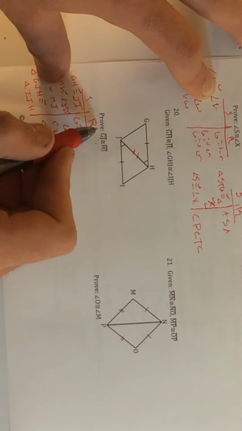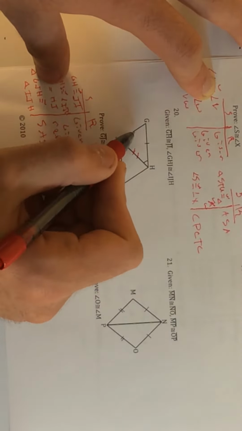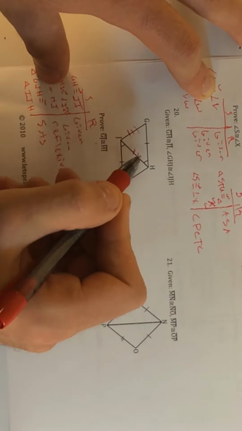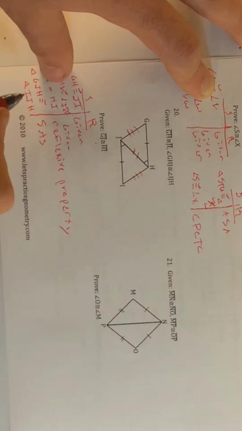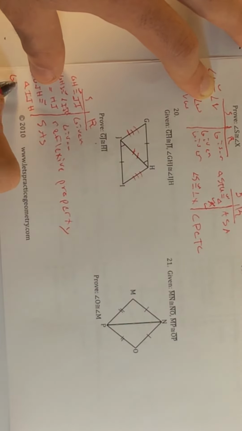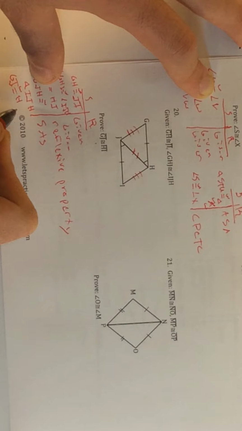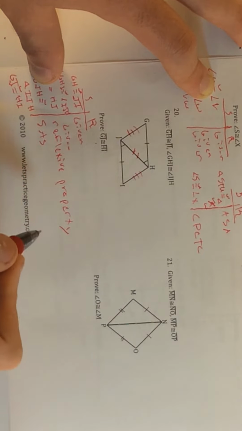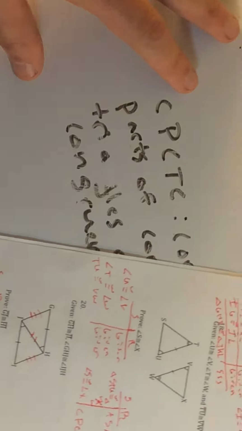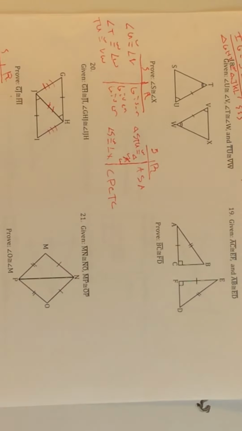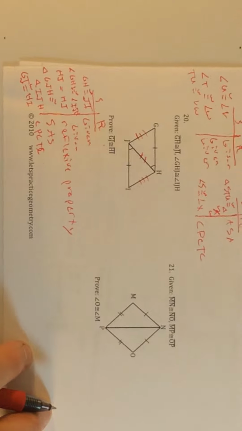So therefore, GJ must be congruent to HI because they're in corresponding positions. So GJ must be congruent to HI by CPCTC. Corresponding parts of congruent triangles are congruent. Okay? All right.